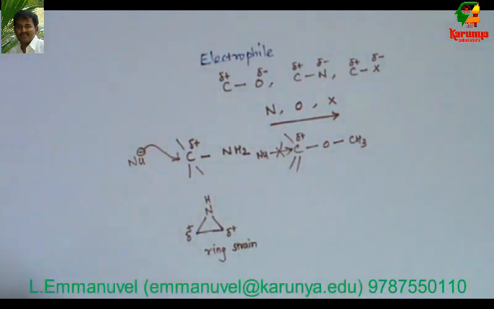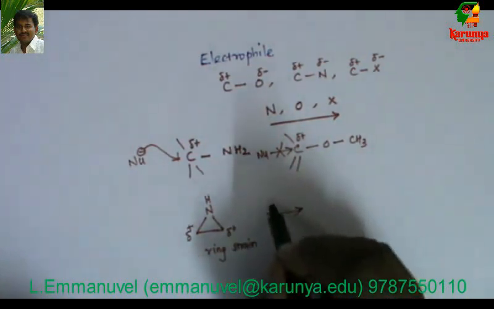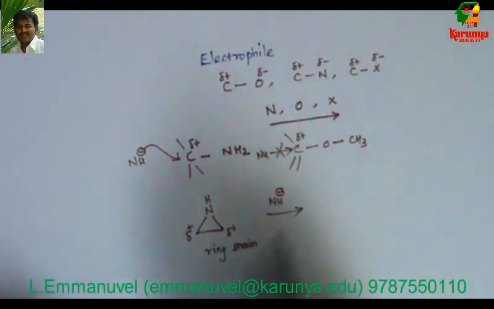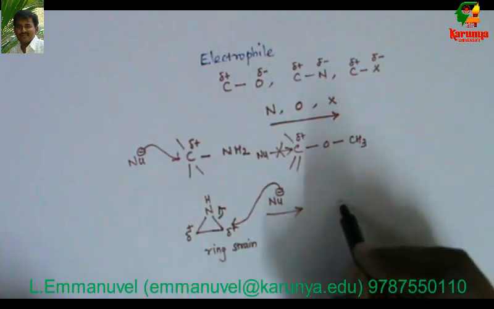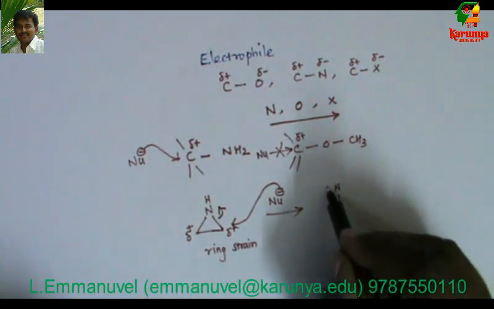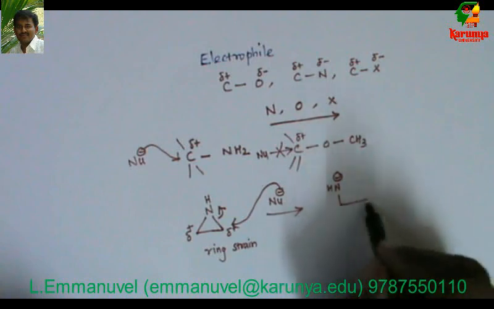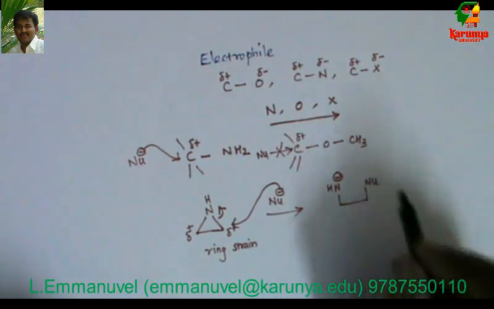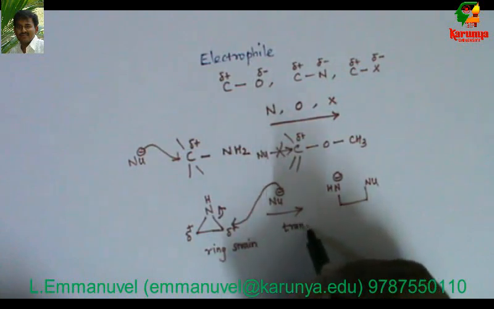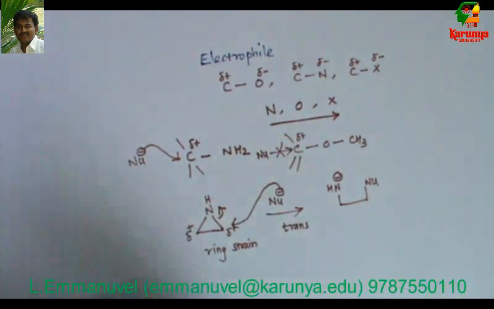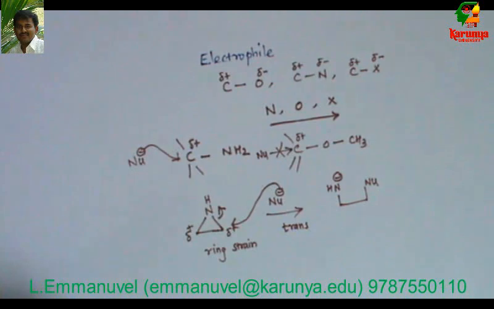So the molecule tries to remove the ring strain by undergoing some chemical reaction. So this may be opened up by a nucleophile. So this can attack here, it can be opened up. So what we get is NH minus nucleophile. The attack, it is trans. So it will attack from the back side of the amine.